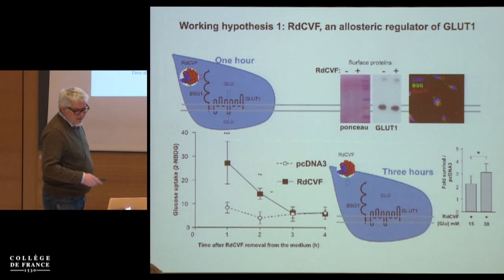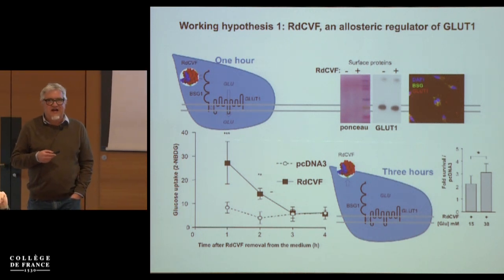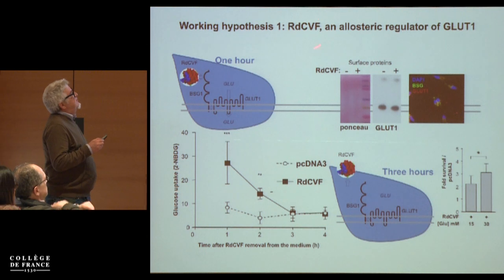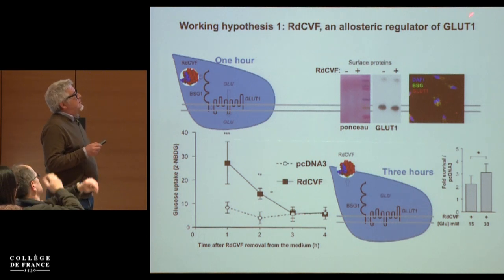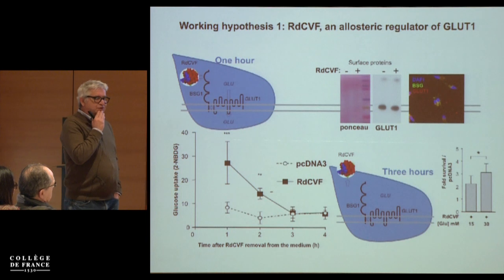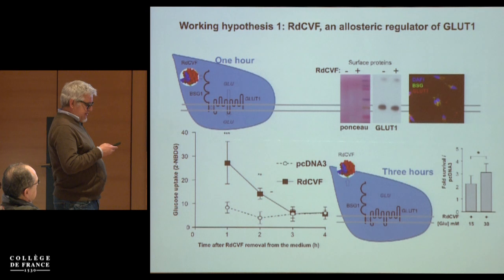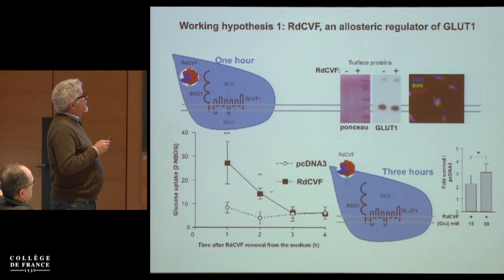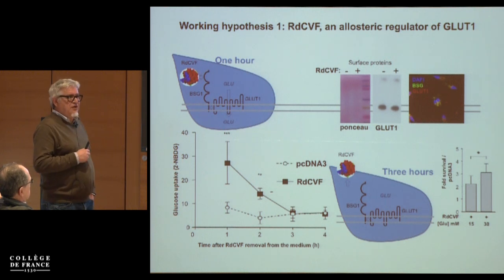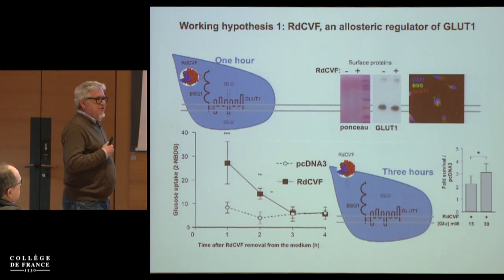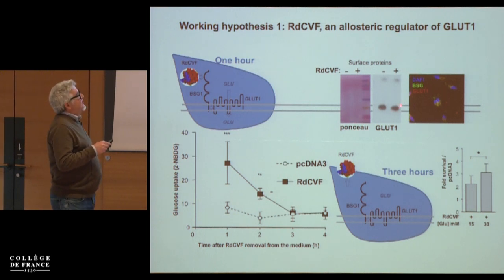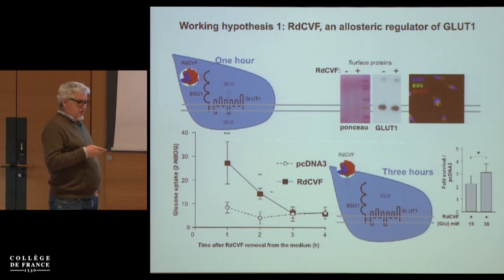So the first one is that we made the hypothesis that RDCVF actually is an allosteric regulator of GLUT1. The reason for that is, first of all, we discovered that the increase in glucose uptake is not leading to an increase in expression or translocation of the glucose transporter to the membrane. So basically, there is no change in GLUT1 expression at the surface of the cone. Only its activity changes.